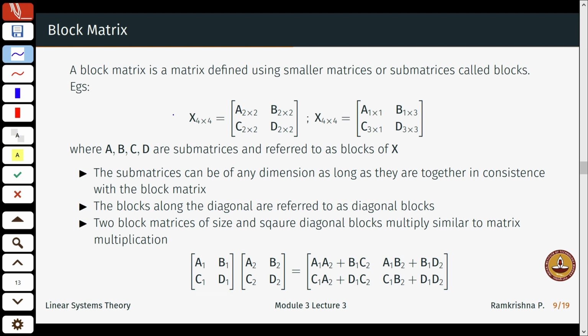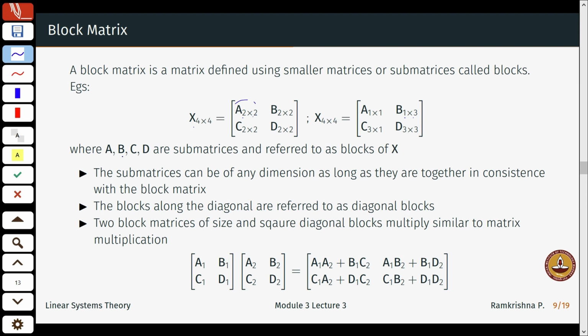Well, I think from the word it should be intuitively clear, but let's just write it down mathematically. So, let us say I have a matrix of dimension 4 times 4. I can split it into smaller submatrices, right, this and this, this and this, or I can also do it in several other ways, right. So, this could just be a 1 cross 1, and this could be 1 cross 3 and so on, and the overall dimensions should agree.